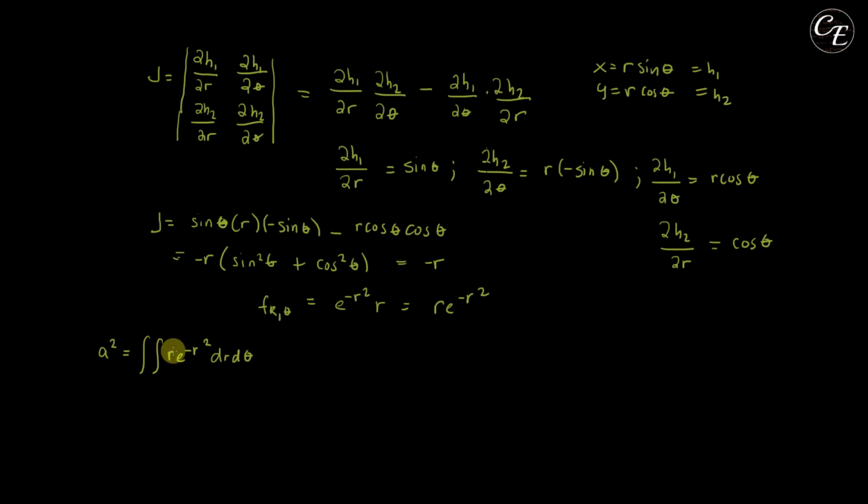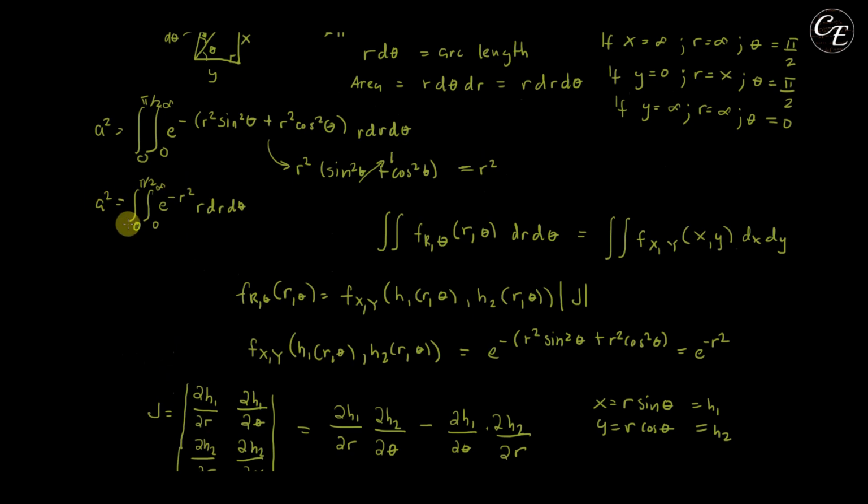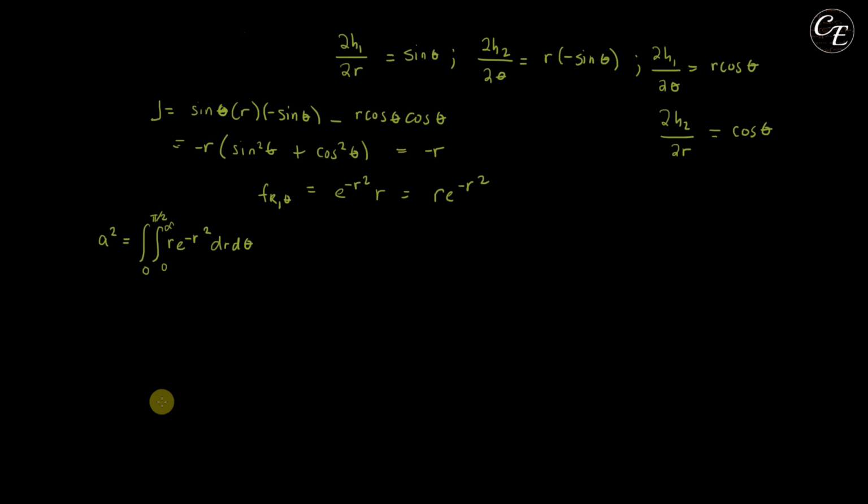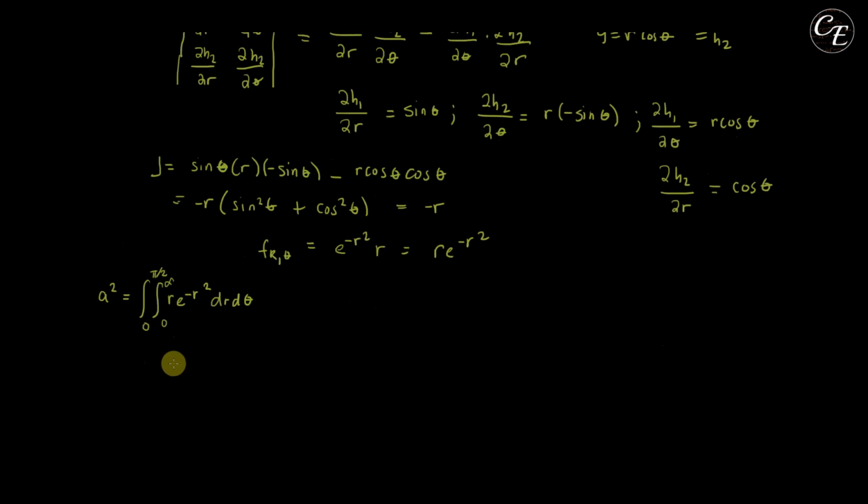For our limits, we have already determined these in our geometric approach. Remember that this is 0 to infinity, and this one is from 0 to pi over 2. Now we have the same equation for different approaches. Now we are ready to evaluate these integrals.